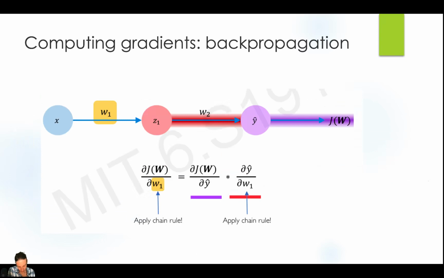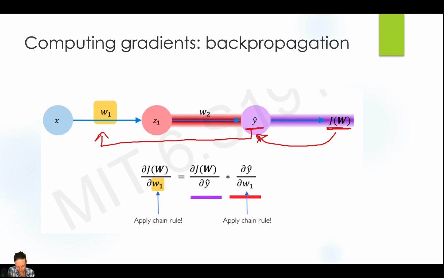We can split that up into a multiplication of 2 terms. First, it would be the change in J(w) given a change in the predicted y. Then we multiply that with the partial, the change in y hat given a change in W1.